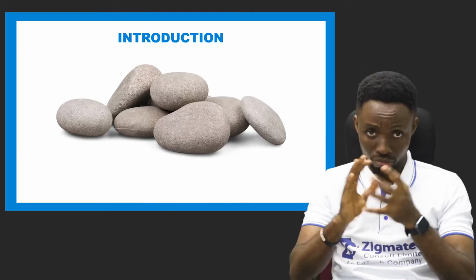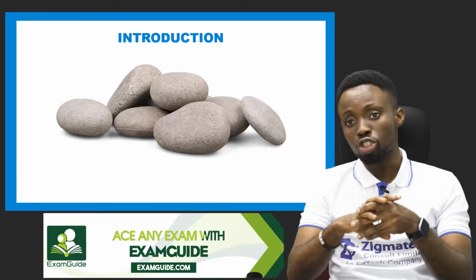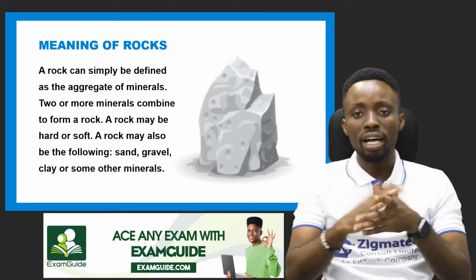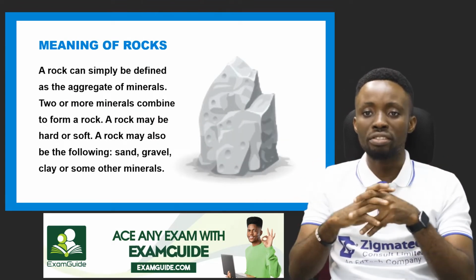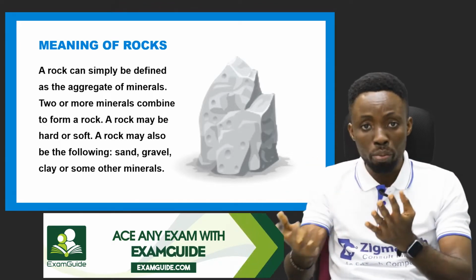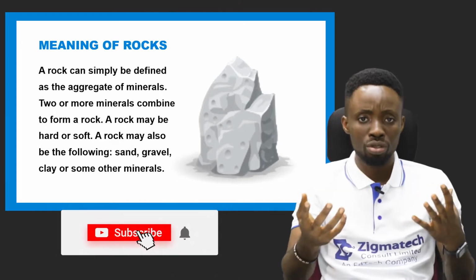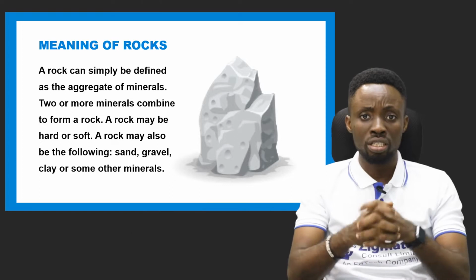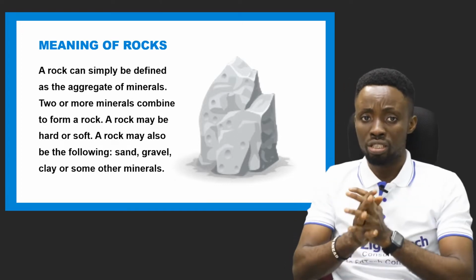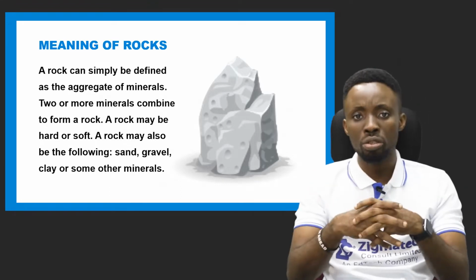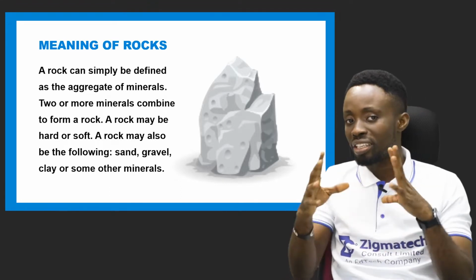Now, this aggregate of minerals is what we refer to as what? As a rock. So, a rock can simply be defined as the aggregate of minerals, or two or more minerals combined together. So, when you combine two or more mineral substances, we actually get the formation of what? Of a rock. And these minerals may be elements that we have in the periodic table.